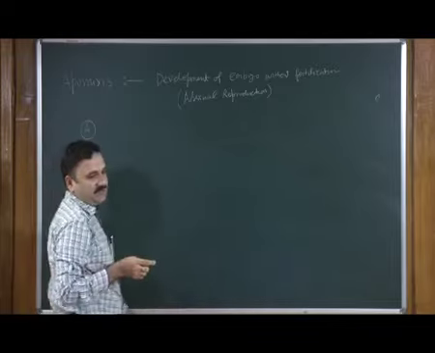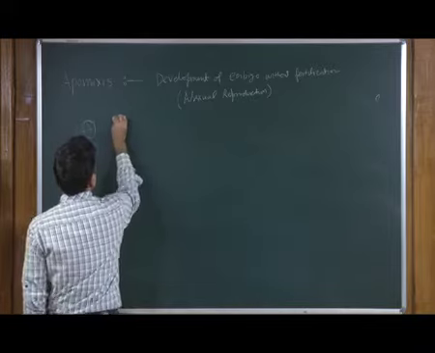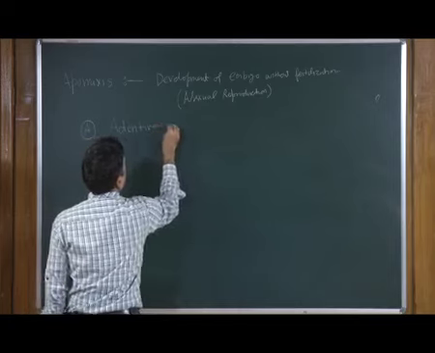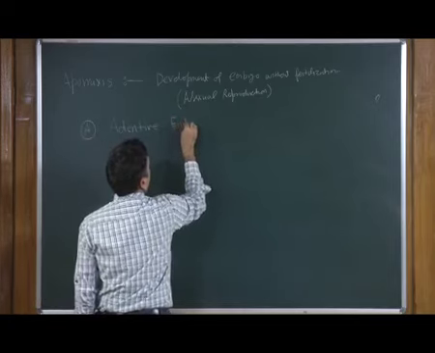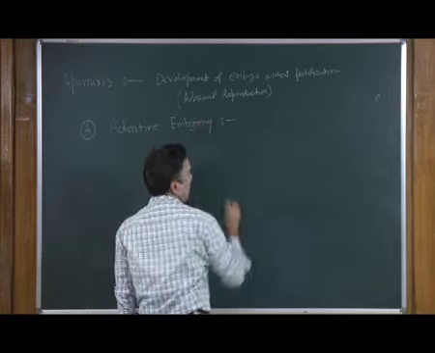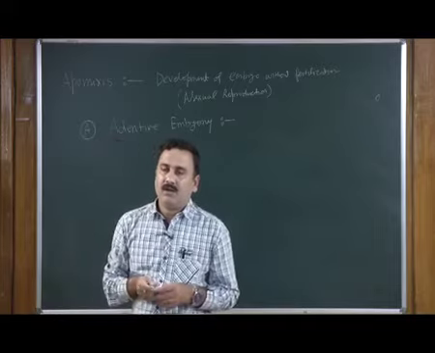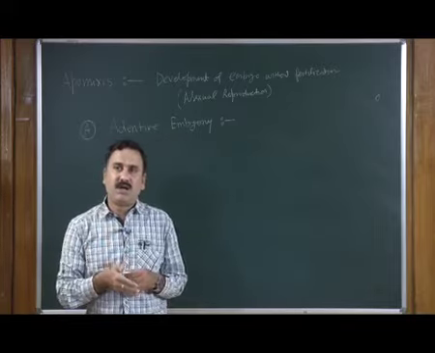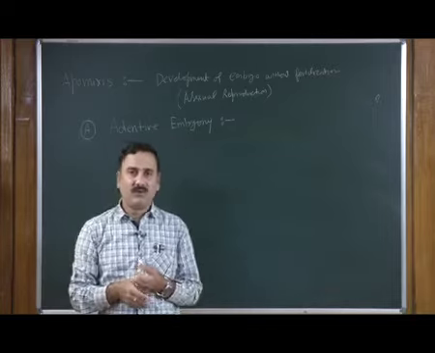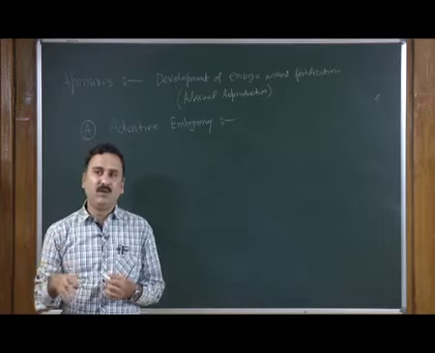What are these types? One is called adventive embryony. In adventive embryony, the embryos are directly developed from the diploid sporophytic cells such as the integuments of the ovules.